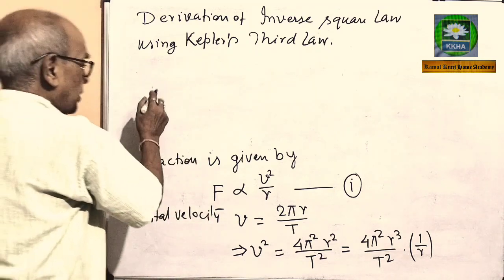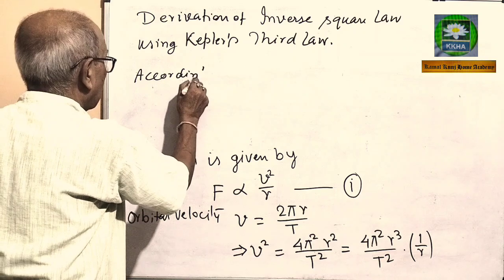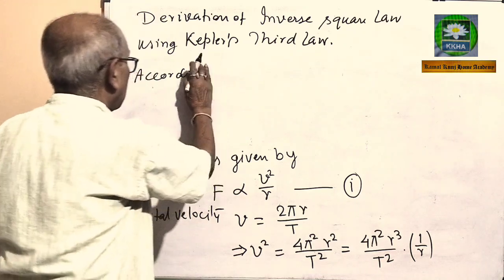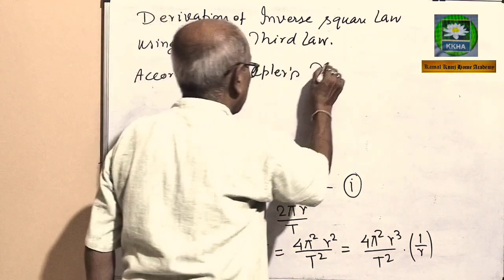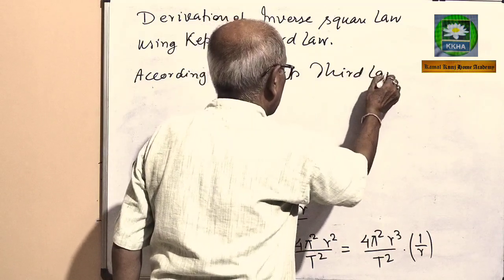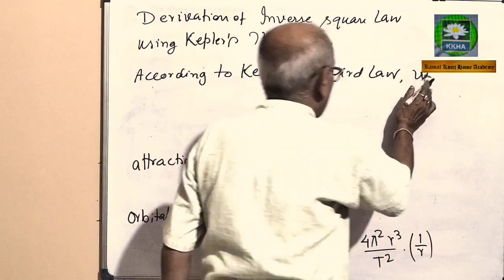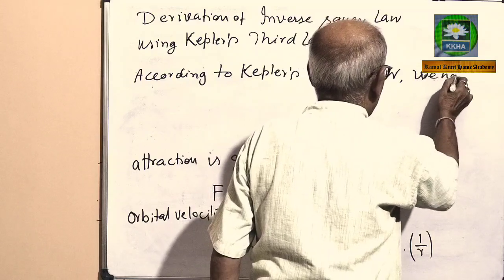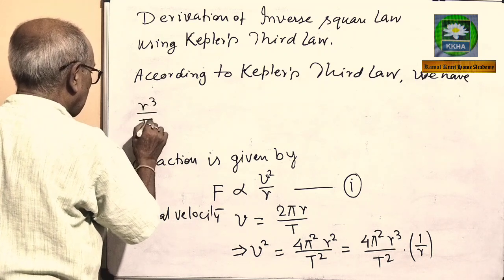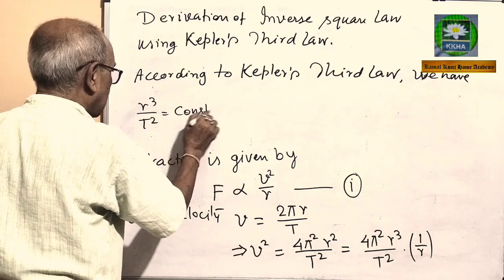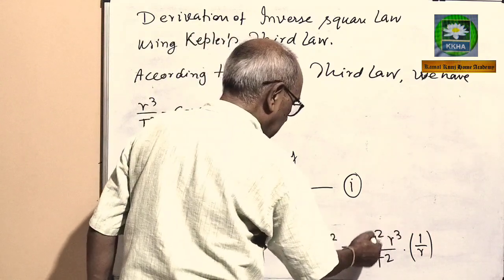Now, according to Kepler's third law, we have r cube upon t square equal to constant. It means this quantity is constant.